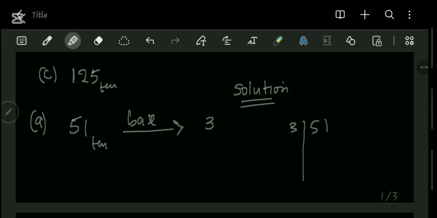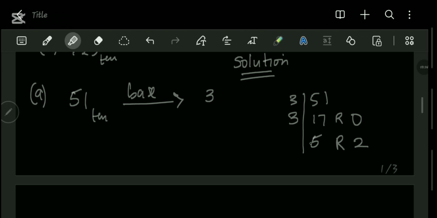When 3 goes in 51, that's 17 remainder 0. So 3 times 17 is 51, plus 0 is still 51. Then we use 3 again. 3 goes in 17, that's 5, because 3 times 5 is 15, so it's going to remain 2. So I have a remainder of 2.